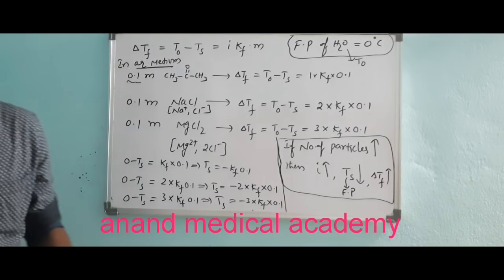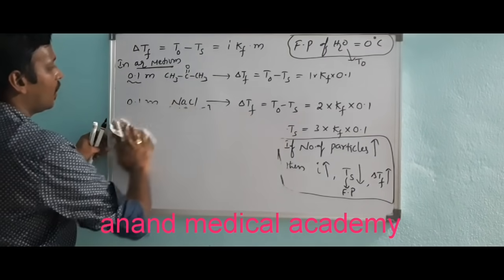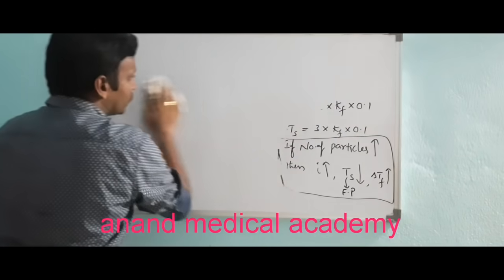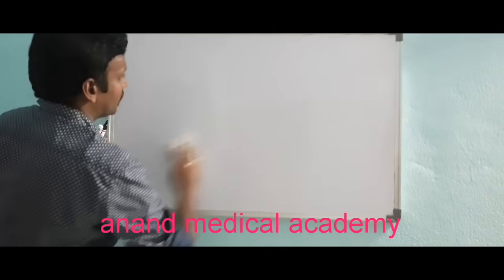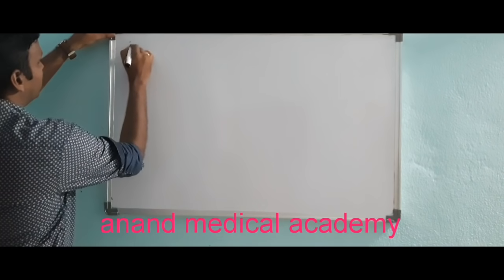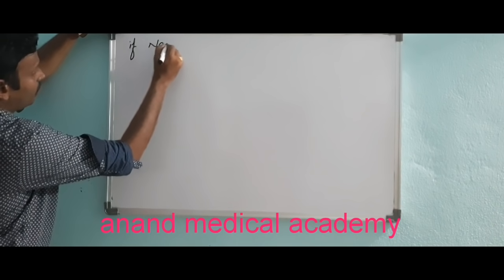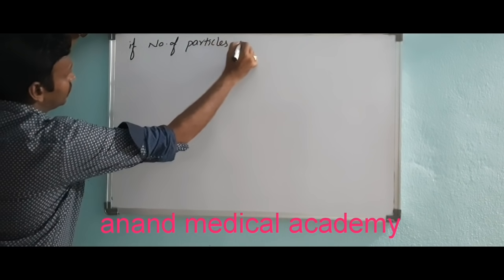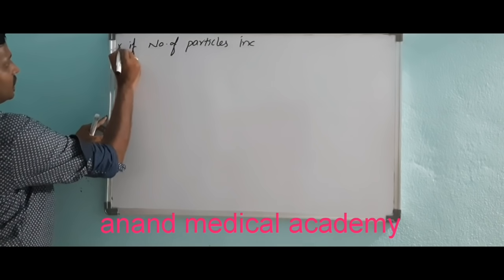But I will write all at one place now. How they change, you can see one by one. Last and final, it is very clear. If number of particles increases, this is the condition.